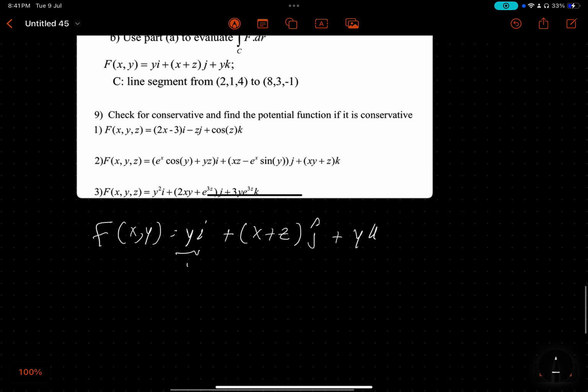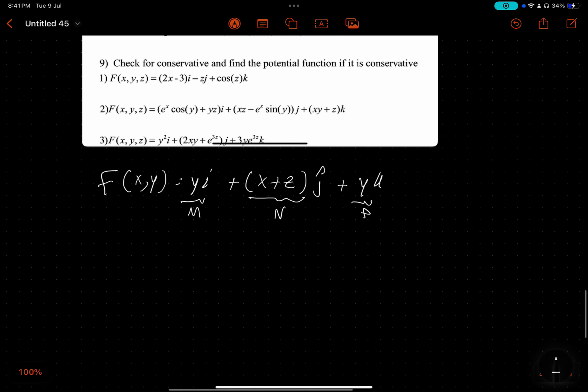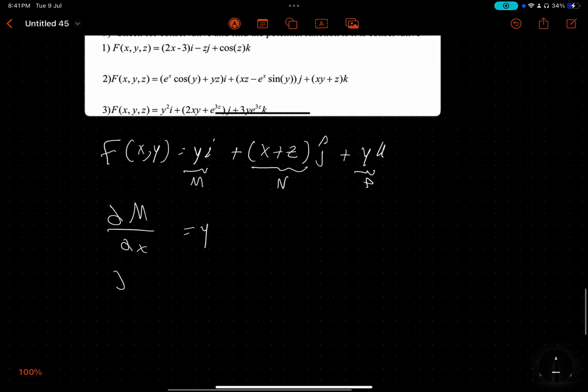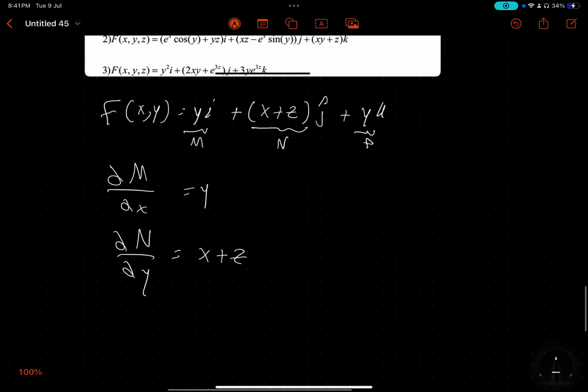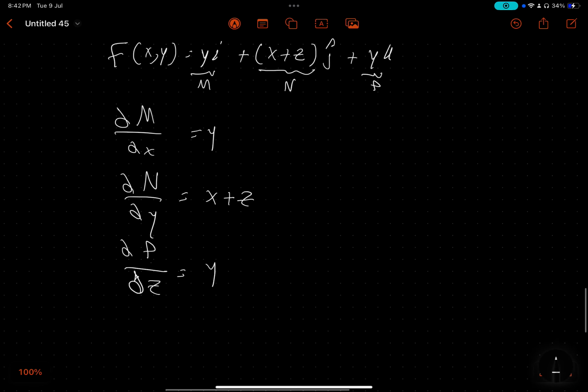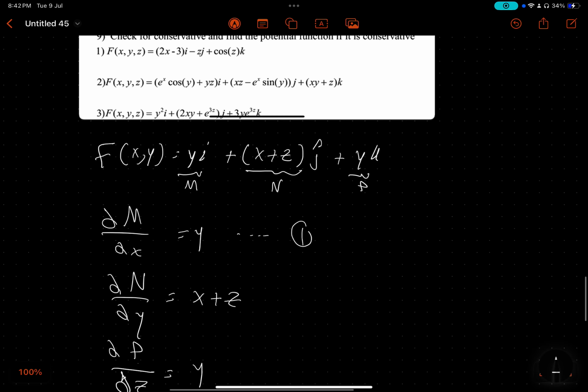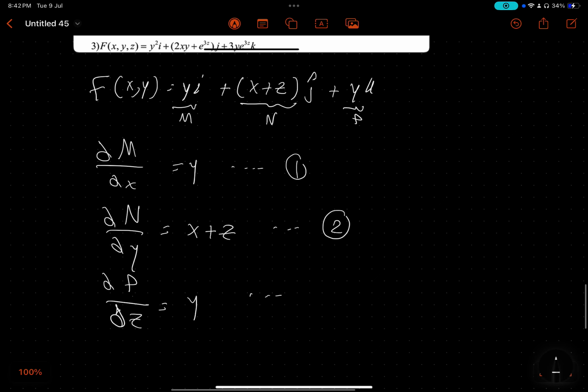Now we have this is M, N, and P. Now we have dM over dx equal to y, dN over dy equal to x plus z, and dP over dz equal to y, also y. Okay, so let's call these functions 1 and 2 because we're gonna use them later.